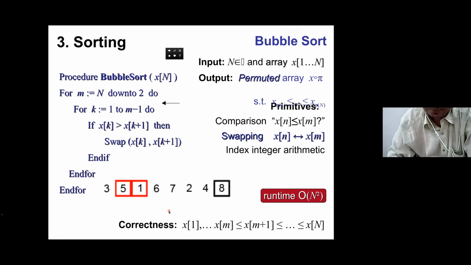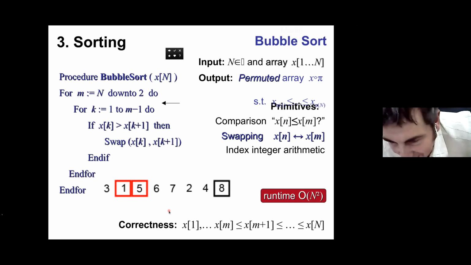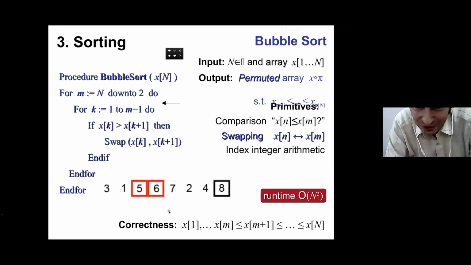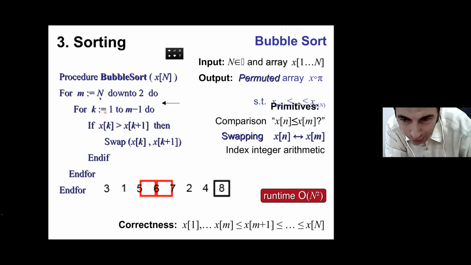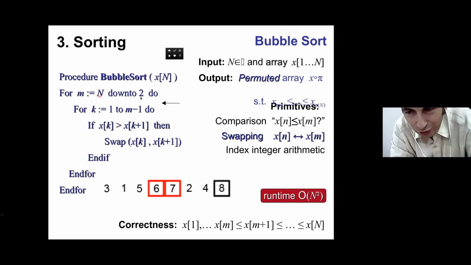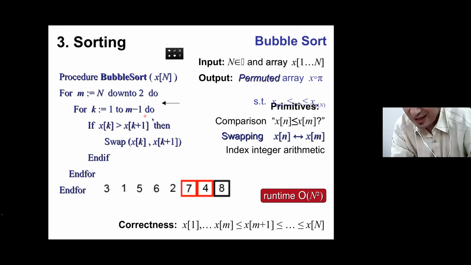Now, what is the complexity? What do you have to do? You have a loop which goes from n to 2, and you have a loop which goes from 1 to n minus 1. So you have n minus 1 plus n minus 2 plus etc. And this is quadratic.